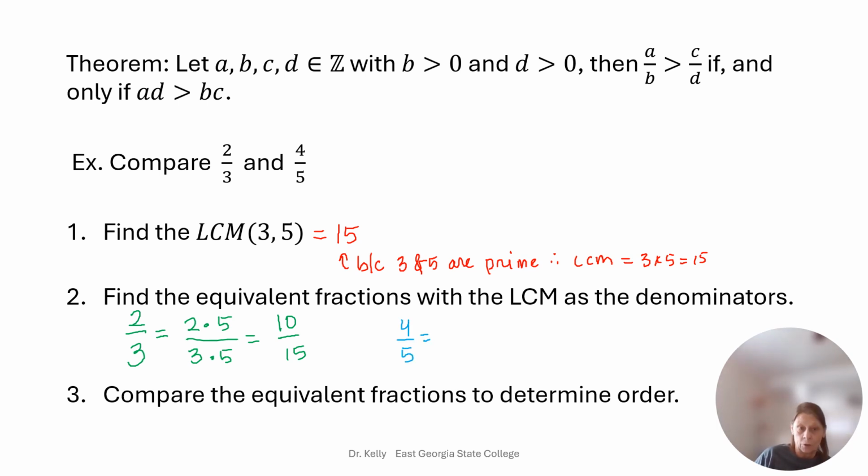I know that 5 times 3 is going to give us 15, so this is going to be 4 times 3 over 5 times 3. When we multiply that, we have 12 over 15. And now we can determine that 12 over 15 is greater than 10 over 15. Therefore, we know that 4/5 is greater than 2/3. Okay.